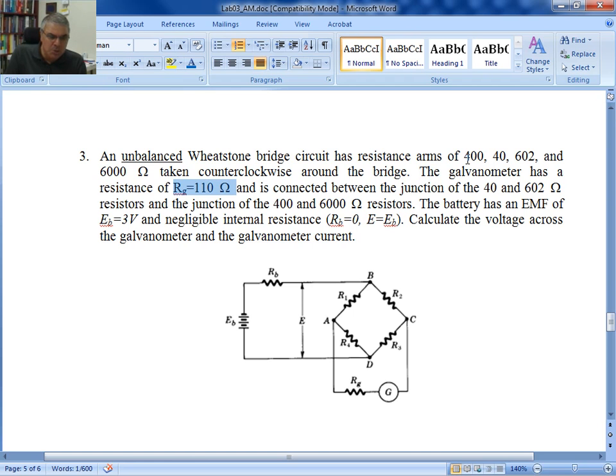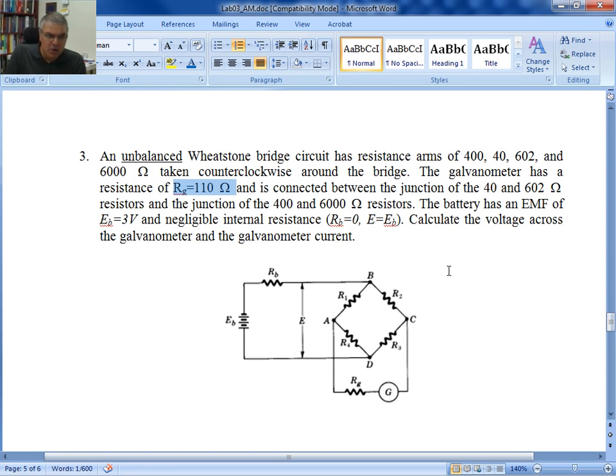I wanted you to determine, really, when you go to a lab, the first thing you need to determine is how you're going to connect these together. So one of the things you would do is follow the instructions: which one should be the 400, which one should be the 40, which one should be the 402, 602, and which one should be the 6,000 ohm.